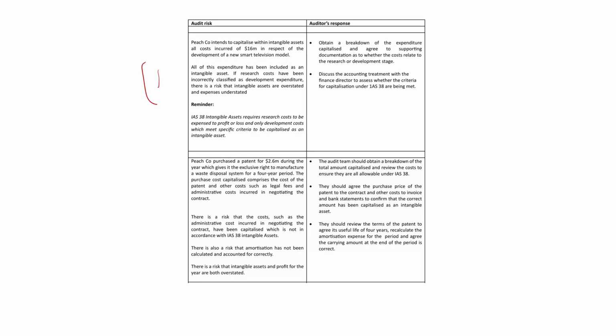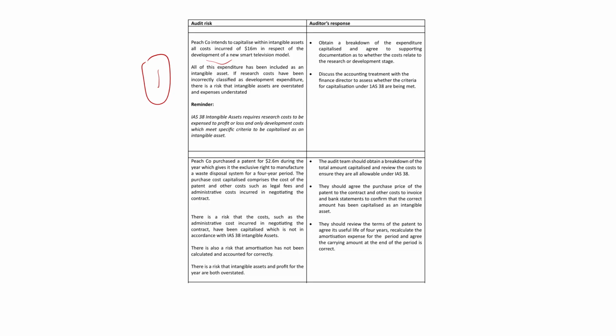Starting off with the first example, the client intends to capitalize within intangible assets all costs incurred of 16 million in respect of development of a new smart television model. IAS 38, if you remember, says that development expenditure can be capitalized if certain criteria is met.